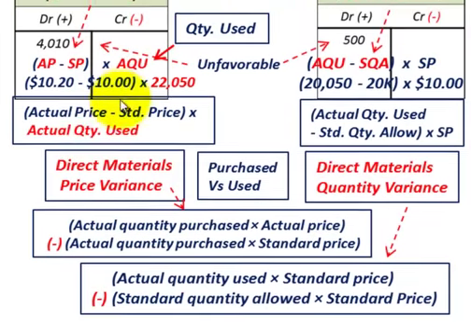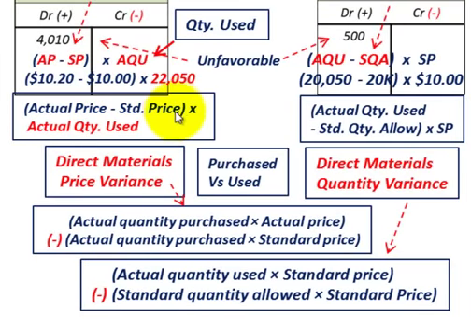All right, and then one other thing, just to go through the definition one more time. If you just want to look at the pure definition, your direct materials pricing variance is usually based on the actual quantity purchased. So if you had the actual quantity used, then you'd have to plug that in here.